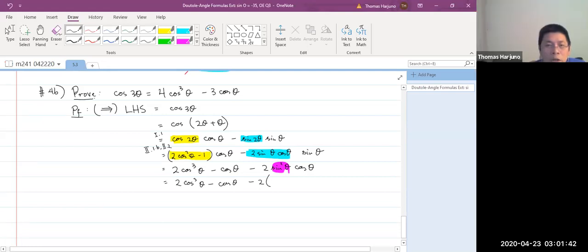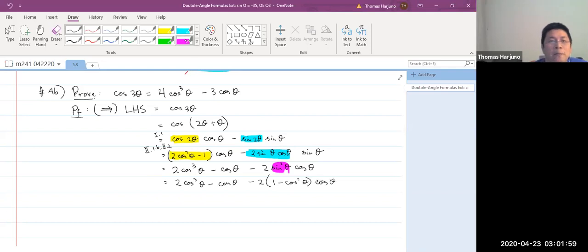So sine squared theta becomes 1 minus cosine squared theta, right? And then you will distribute that.